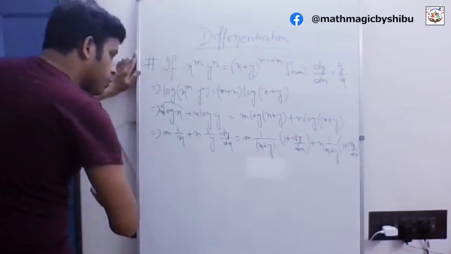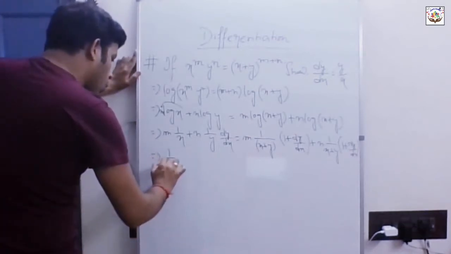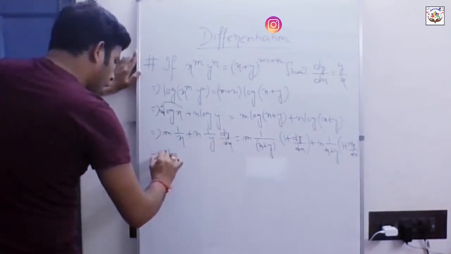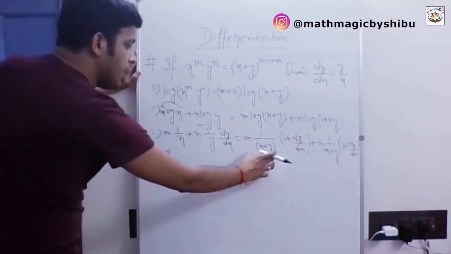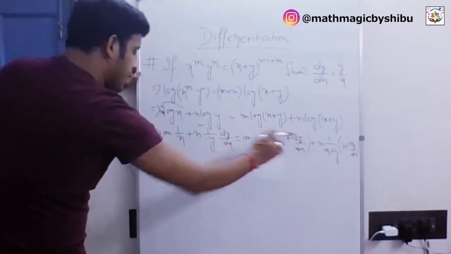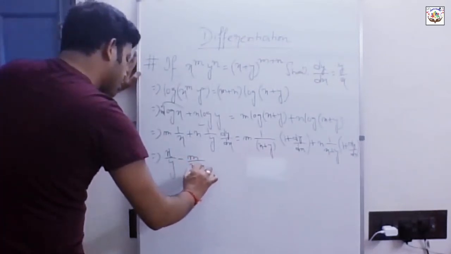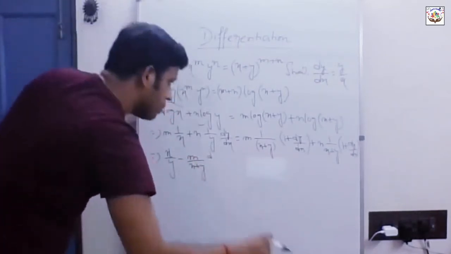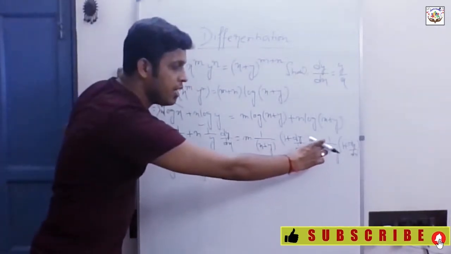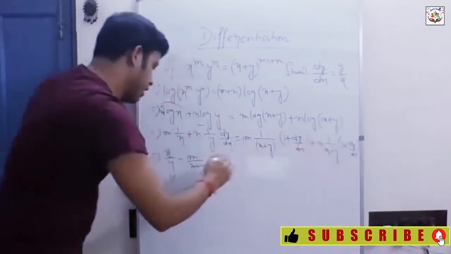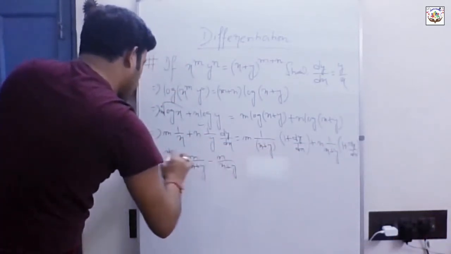Okay, now we'll try to take all the dy dx part into one side. So what we'll get is n by y from this part, and we'll be getting m by x plus y dy dx from this part, and from this part n by x plus y dy dx, minus n by x plus y.